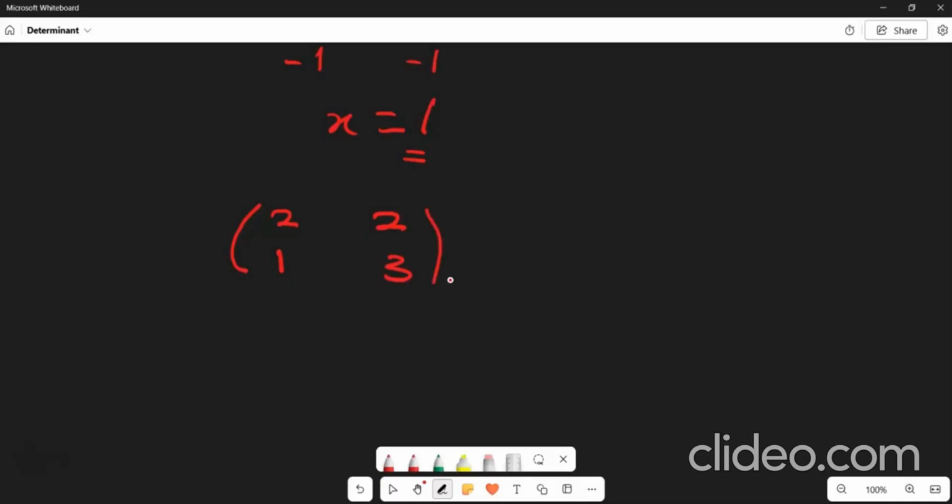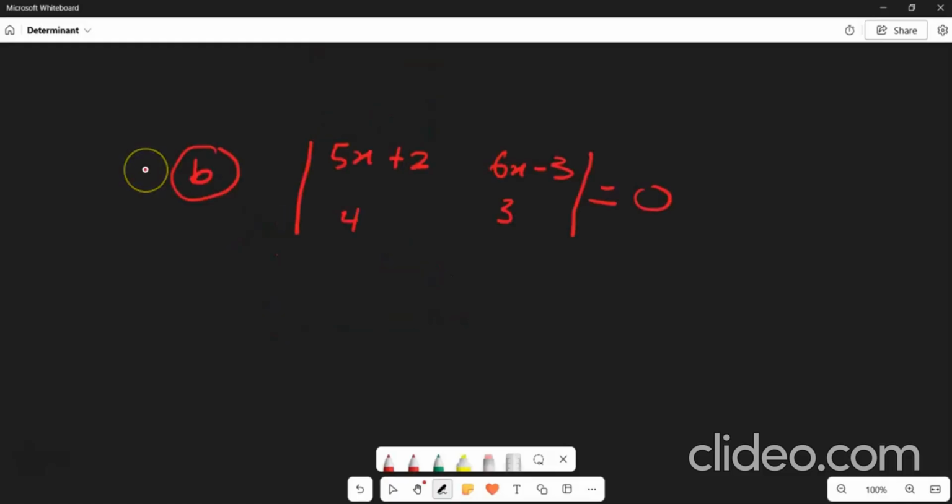If you want to prove it, you can check whether you are going to get the determinant to be 4. So let's see: 2 times 3 gives us 6, minus 1 times 2, which gives us 2, equal to 4.